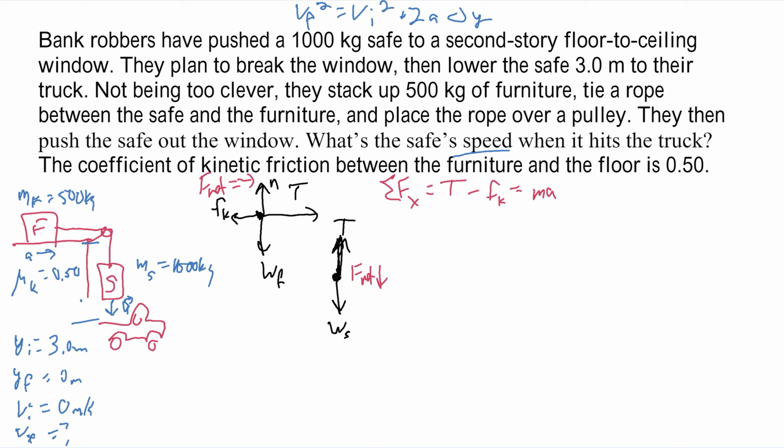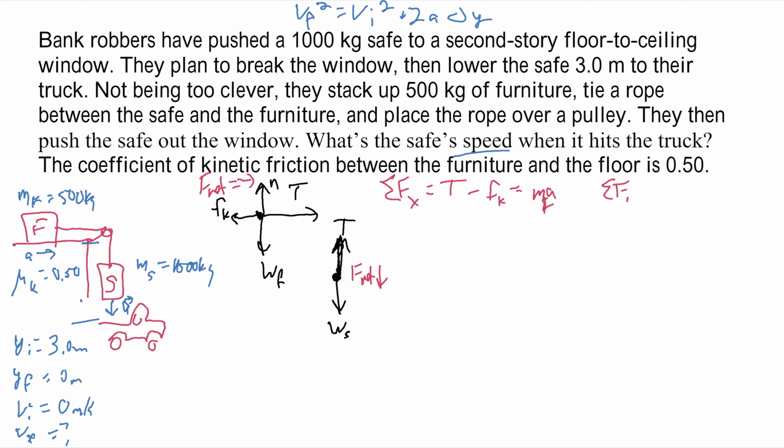Is it x or is it just MA? It's going to be MA. It's all the same acceleration. It doesn't matter because it's all the same acceleration. You have to label the furniture, the mass of the furniture. M sub F, thank you, yes. Okay, and sum of the forces in the y direction.